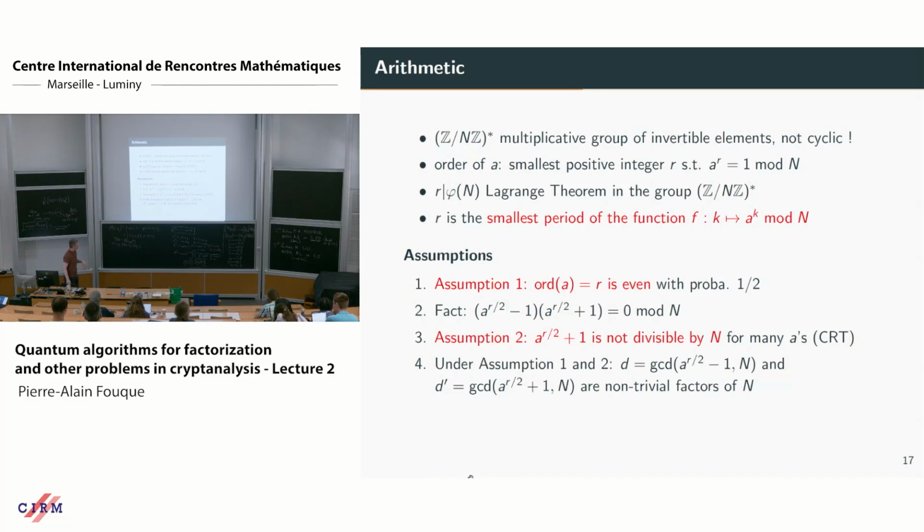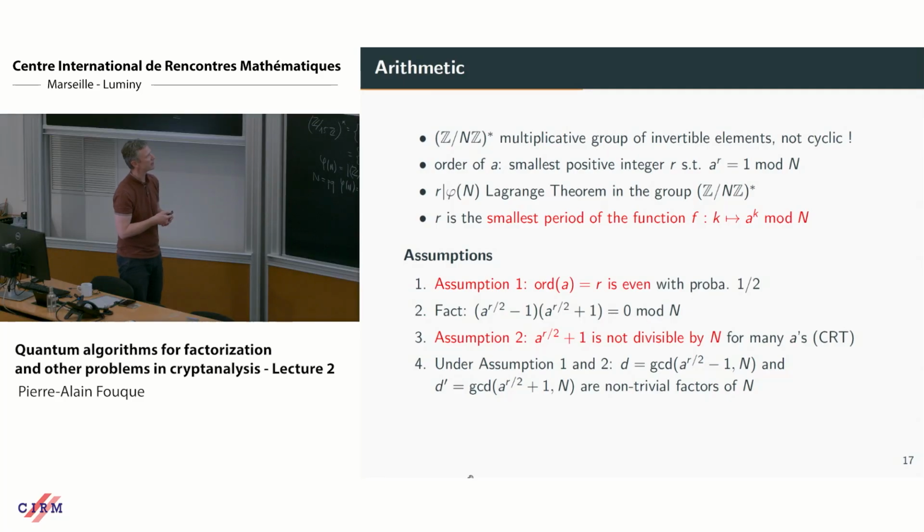And also, when I have one of these 2 square roots, it's very easy to factor. I just have to compute a GCD here. Because I know that n divides this product, and n does not divide this term nor this term, so n has to be split into the 2 different terms here.